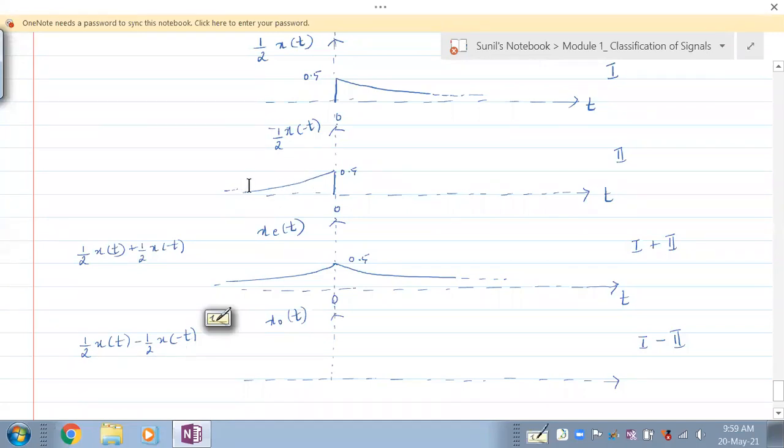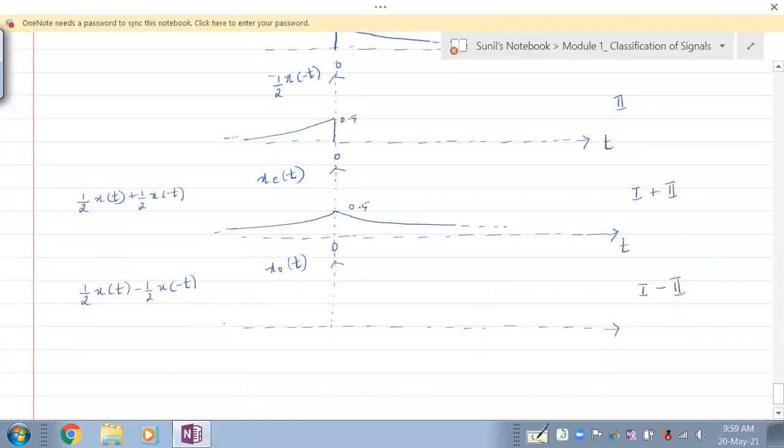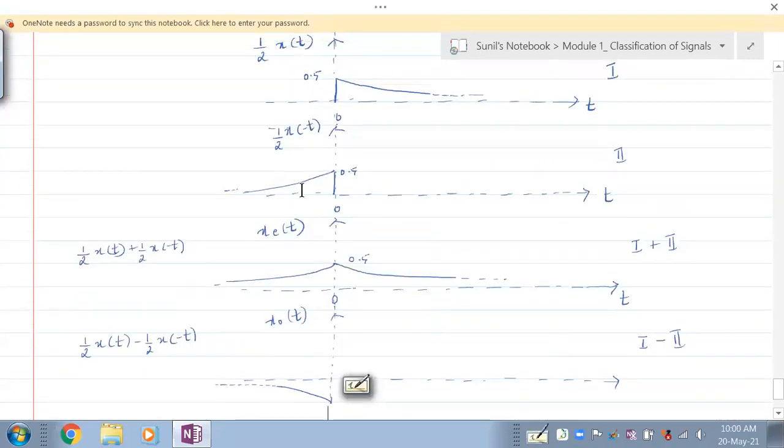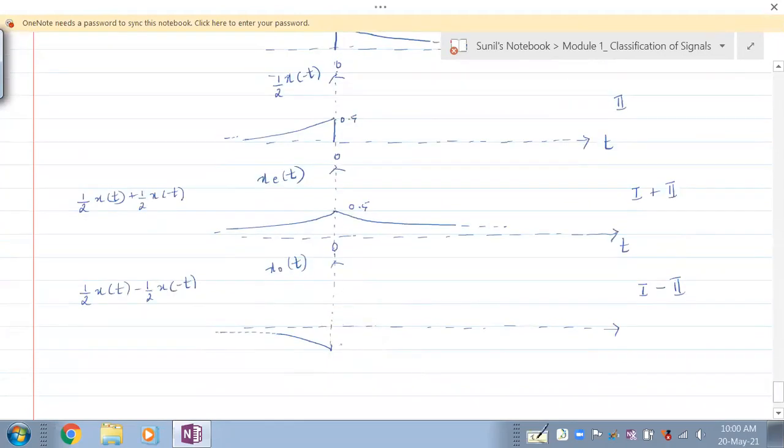So what is minus of this signal? It is increasing here to 0.5. Now it will be decreasing here from 0.5. Everybody understand this here? So this is the negative of what is there. So this is minus of this, because it's 0 minus this, right? So this is minus 0.5.